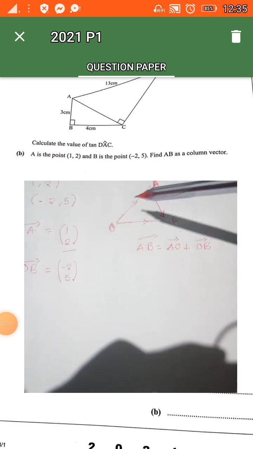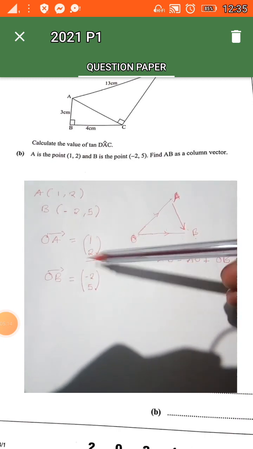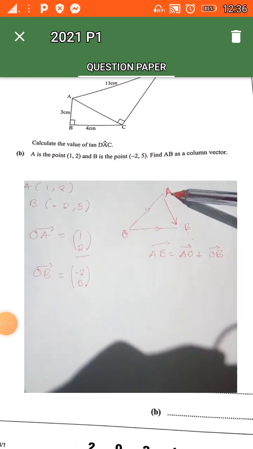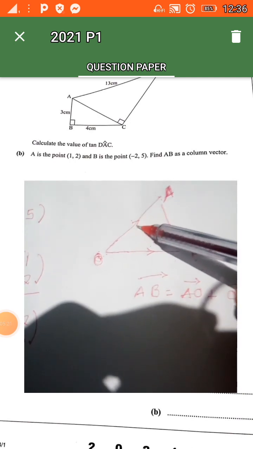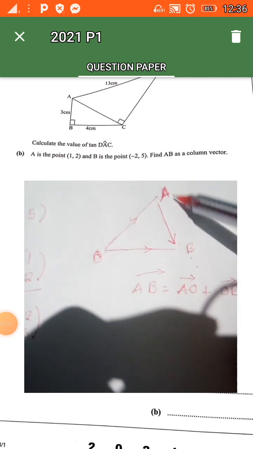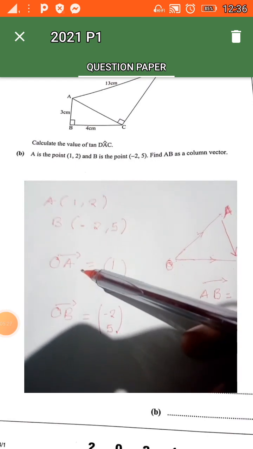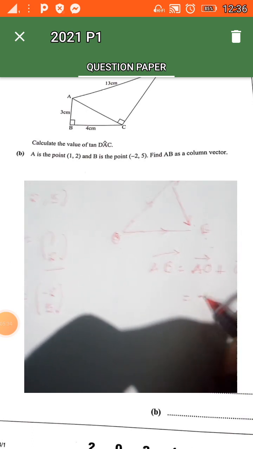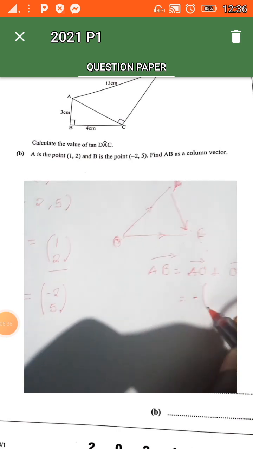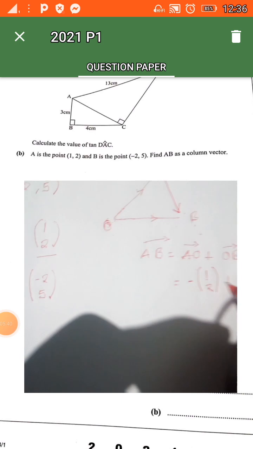When you're moving from O to A, the value is positive. Now if you're moving from A to O, moving against the direction, that means AO is the negative of OA. So on this equation, on AO, we're going to put a negative, then write the value for OA, which is 1, 2, plus OB.